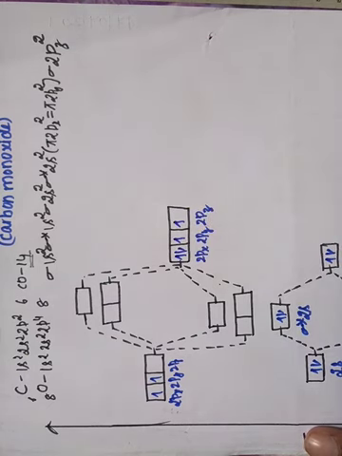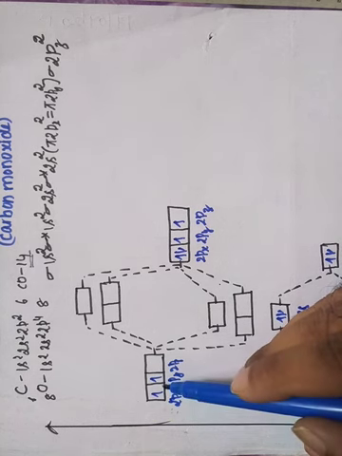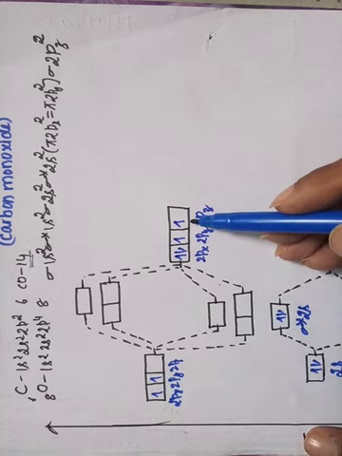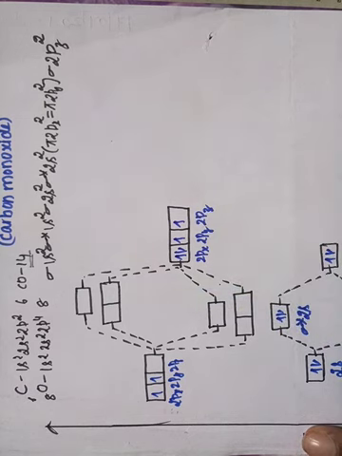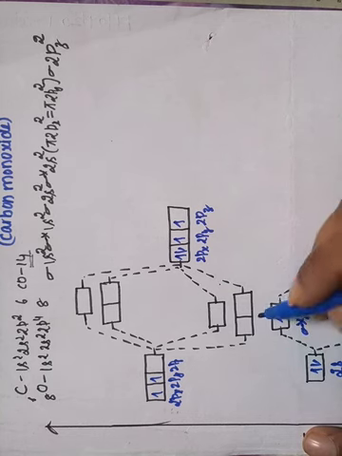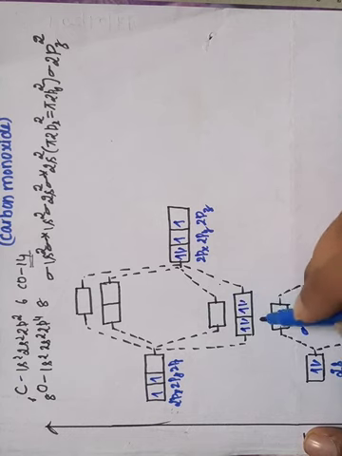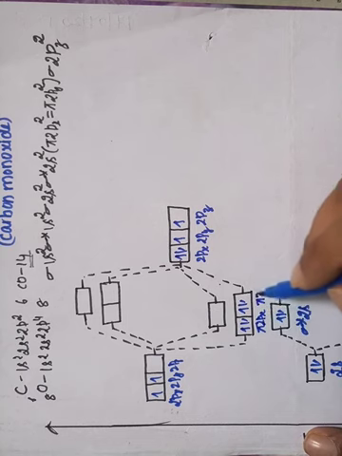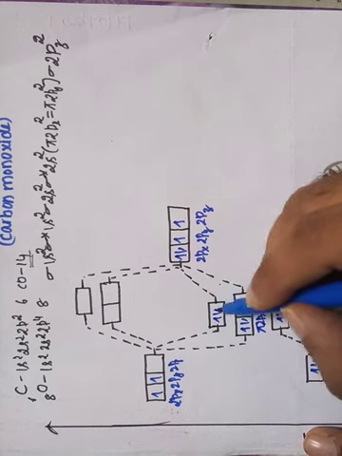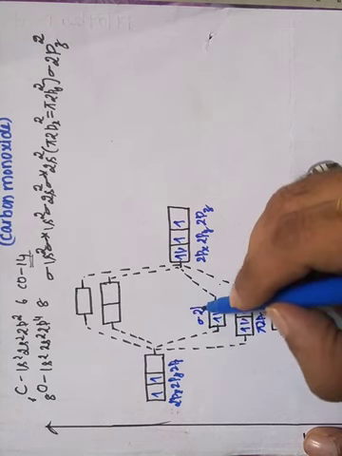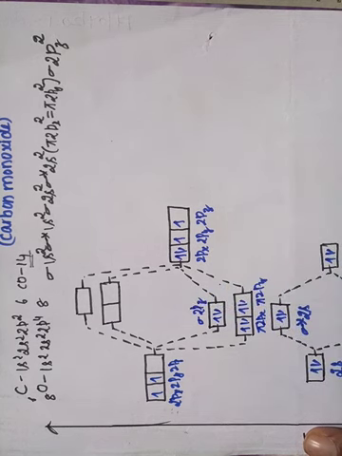So 2 electrons of carbon and 4 electrons of oxygen, 4 plus 2, so there are 6 electrons. Out of these 6 electrons, 4 electrons will occupy the pi 2px and pi 2py orbitals, and the remaining 2 electrons will occupy the sigma 2pz orbital.